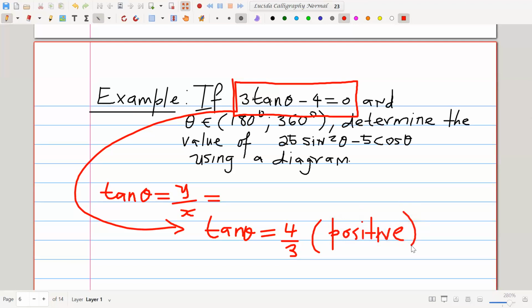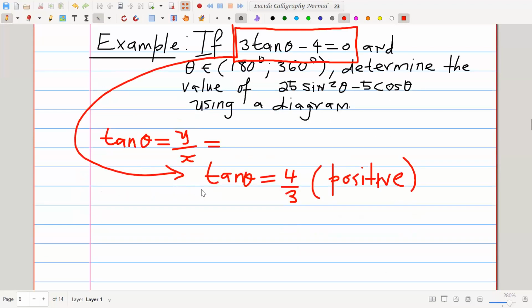It's 4 over 3, and we know the definition of tan is that. But how does this help us? Because we need to draw a diagram and locate a point and form a right angle triangle, such that we can use probably the Pythagoras theorem to solve the problem.